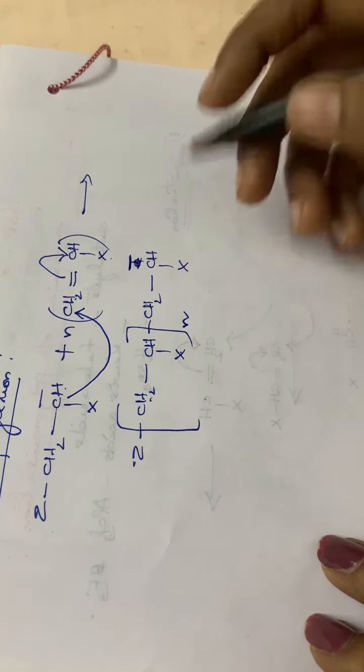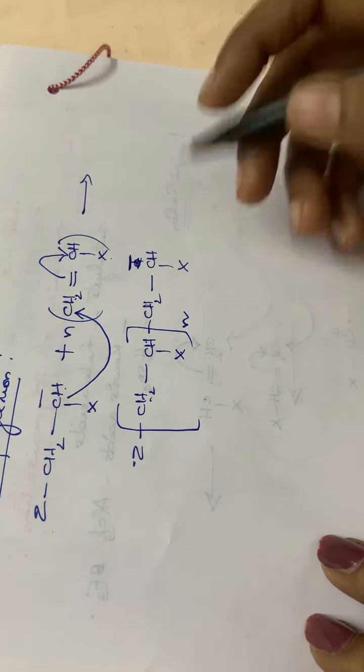It will be combining with a proton, so this H plus will be attacking this carbon atom. So the product will be Z, CH2, CHX, CH2, here n times, CH2, CH2X. I am writing it in a straight fashion. So this is the polymer formed.